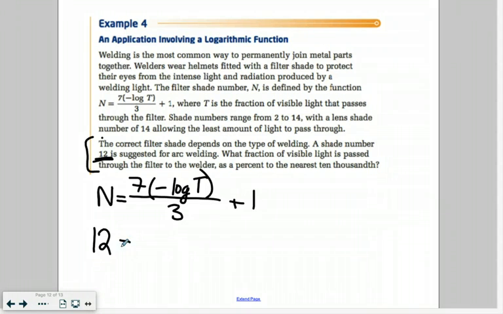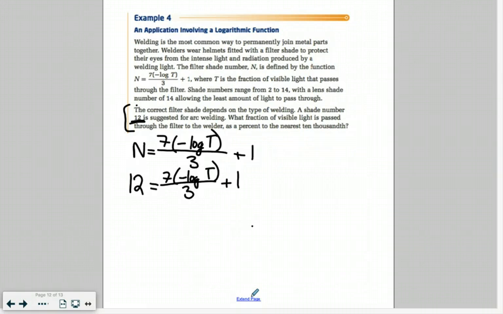So 12 is now equal to 7 times (negative log t) all over 3, plus 1. Our job at this point is to rearrange this equation and solve for t. What's my first step? Subtract 1 from both sides. We get 11 is equal to 7 times negative log t all over 3.